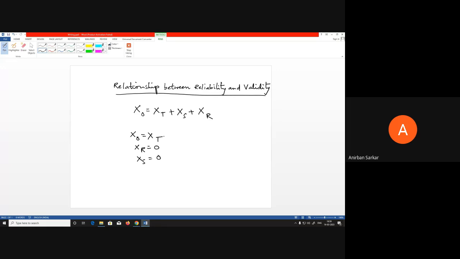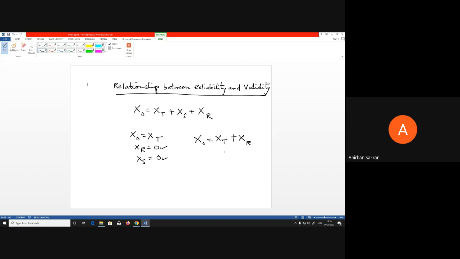So here we may say that perfect validity implies perfect reliability. Meaning if XS is 0, it means that XR is 0. So if a measure is unreliable, it cannot be perfectly valid. At minimum, what may happen is X0 is equal to XT plus XR.